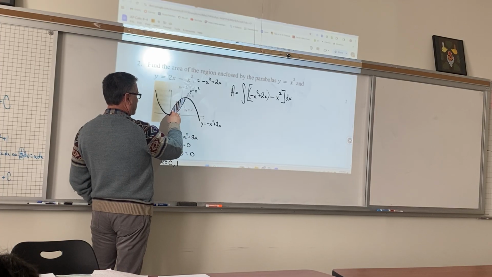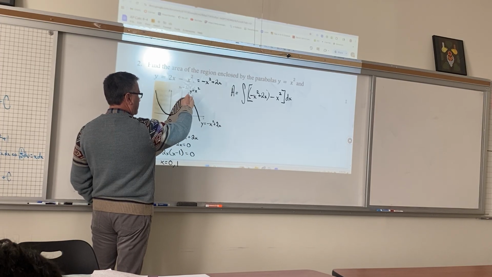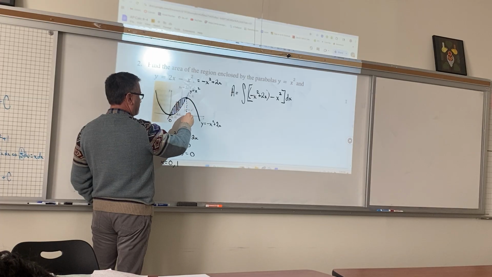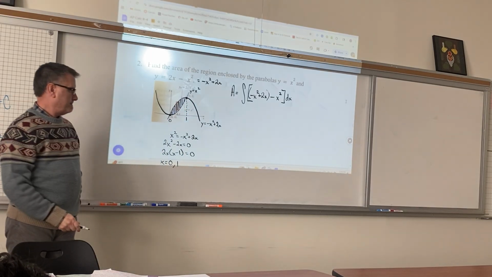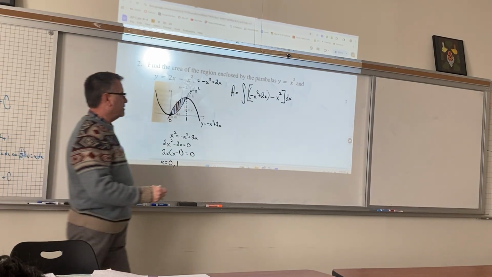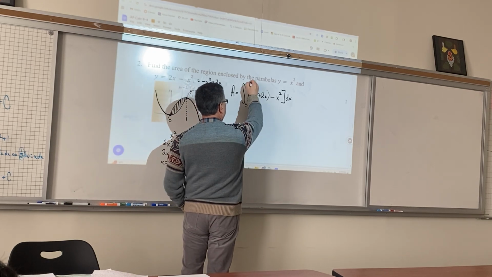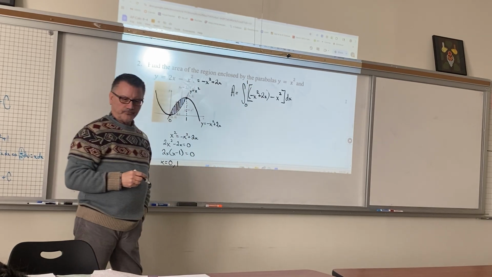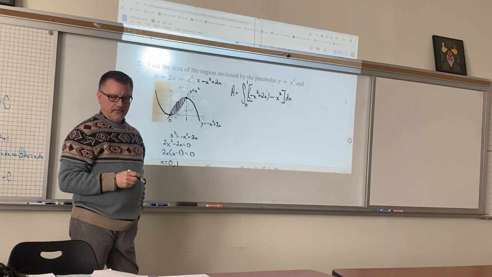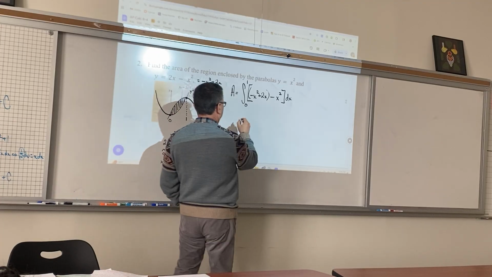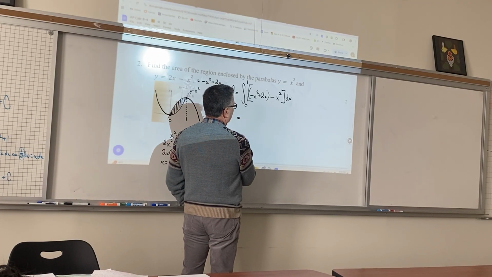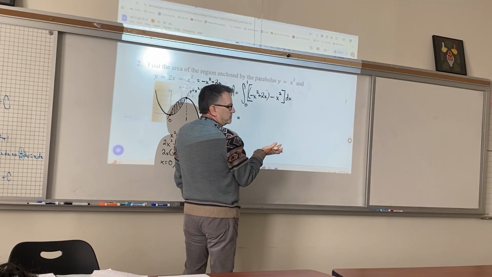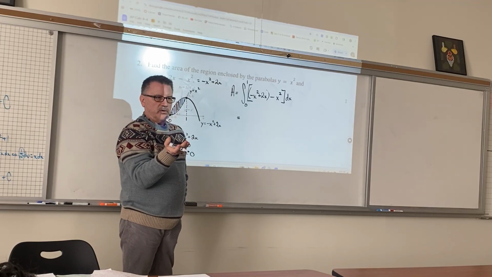Now I've got my interval of integration between 0 and 1. So let's just integrate here. We can break them apart, or keep them all together and do them one at a time.